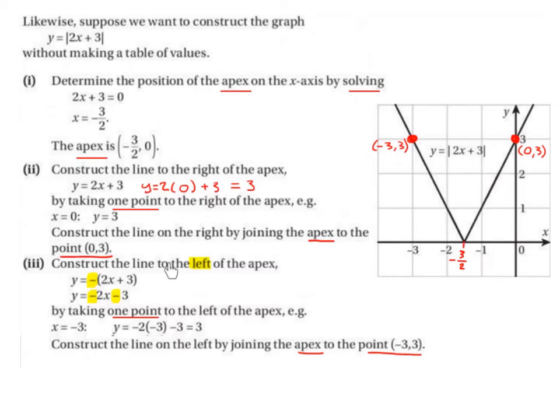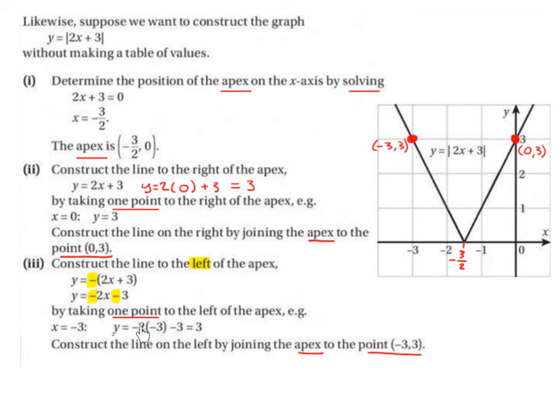Next, we're going to construct the line to the left of the apex. So we have y equals minus 2x plus 3. Minus times 2x is minus 2x, minus times 3 is minus 3. So we have y equals minus 2x minus 3. Again, we're going to take 1 point to the left of the apex. Let's say we sub in x is equal to minus 3. We'll end up having minus 2 multiplied by minus 3, minus 3.